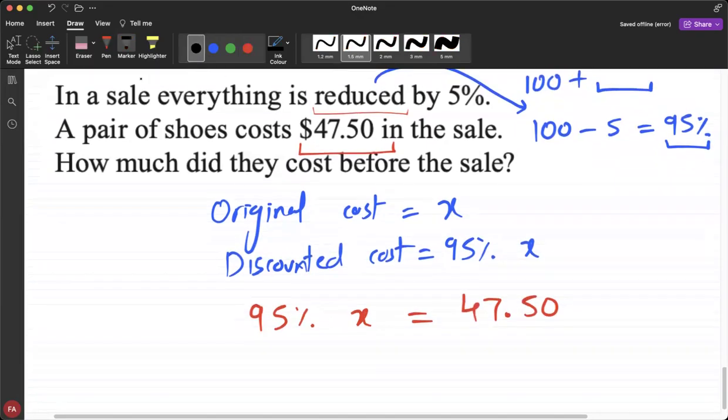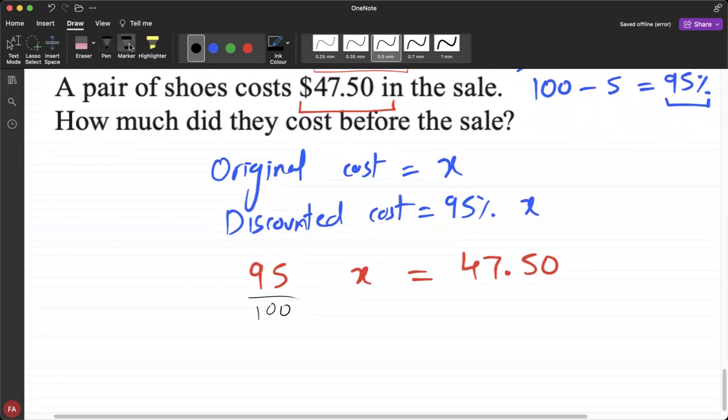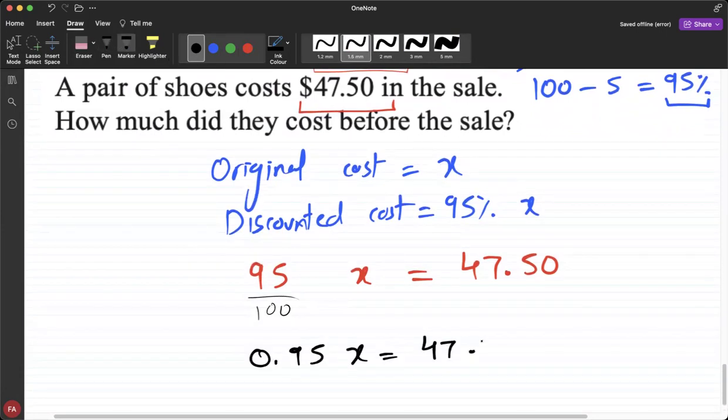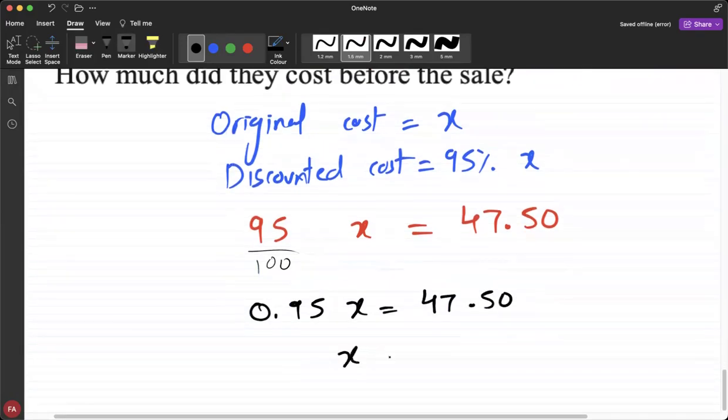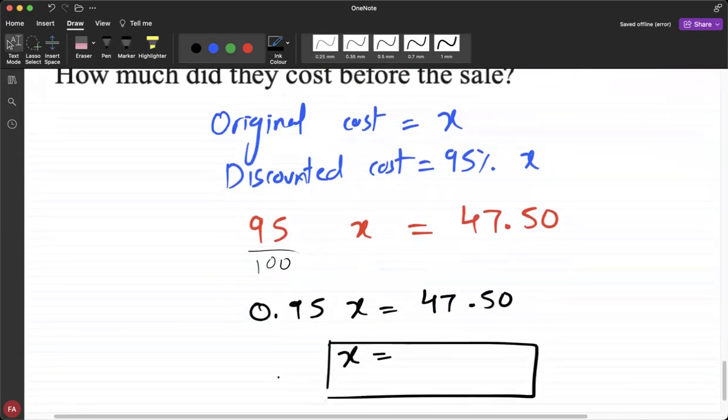Again, what does the word percent mean? Over 100, right? So you can actually divide this by 100. That's going to be 0.95. So that's 0.95 of X is equal to 47.50. And again, if you were to divide this, you will realize that the answer comes out to be 50 bucks. That means before sale, the cost of these shoes was 50 bucks.